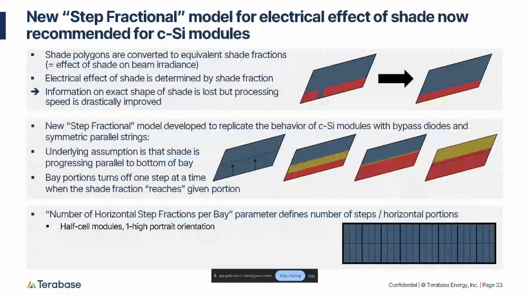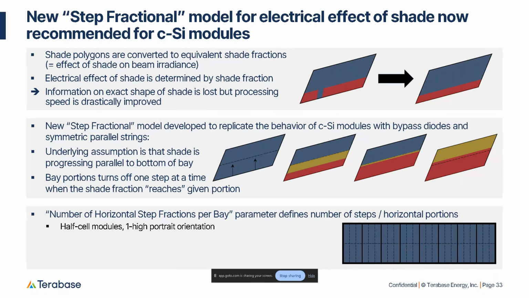Now, let's dive a little bit more into this new step fractional model. Why should you adopt it? So the idea, as I was saying, is that you convert your shade polygon to equivalent shade fraction, and the electrical effect of shade is determined solely from the shade fraction. So what that means is that you have a trade-off here. You lose the information on the exact shape of shade, but you drastically improve your processing speed.